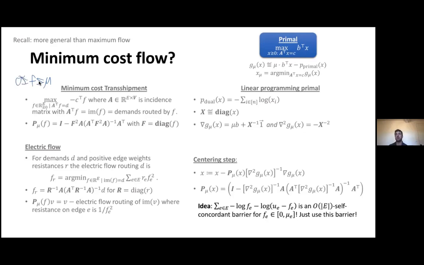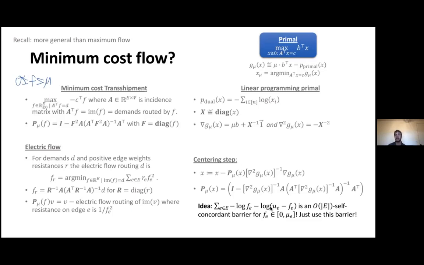It's from the theory of self-concordance that as you add self-concordant functions, you preserve self-concordance, but the barrier parameter increases. You can show that this is also an O of number of edges barrier.